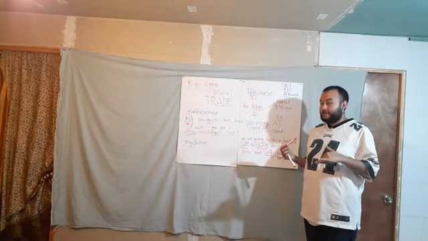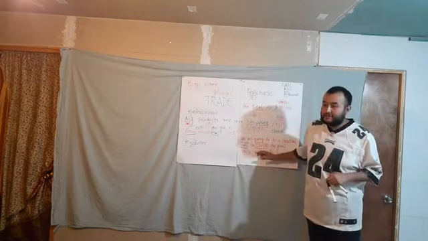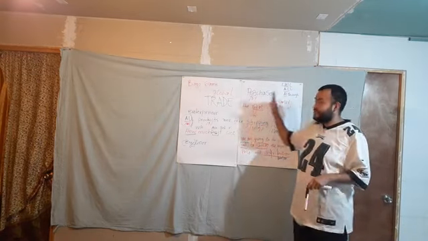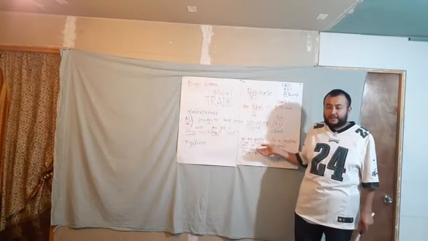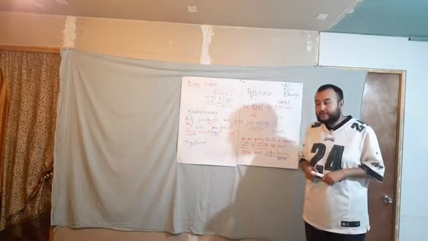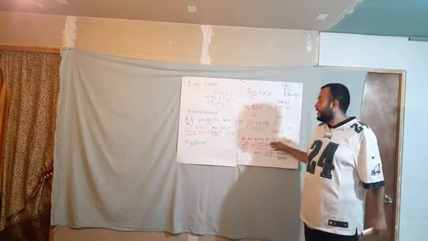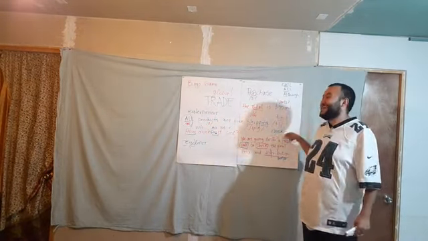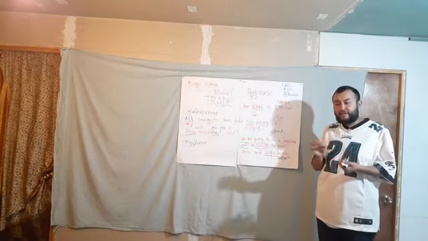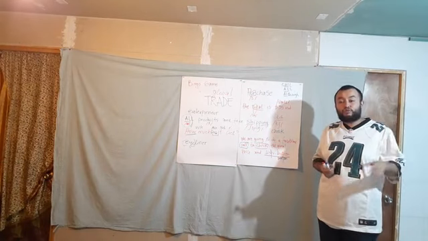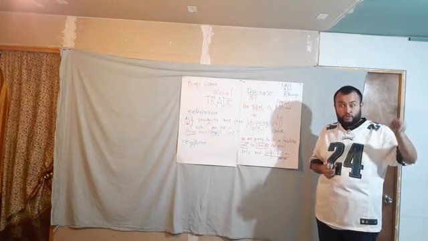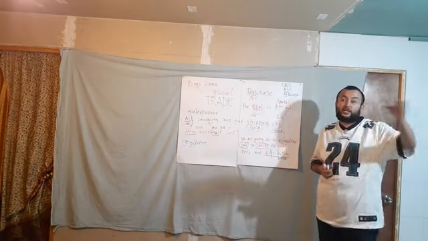Hello class, well class, after this feedback, I'm going to go group by group giving your own feedback. Now you're going to check if you have one of these mistakes, highlight them in your script, and rehearse again in your groups. Meanwhile, I'm checking the others.